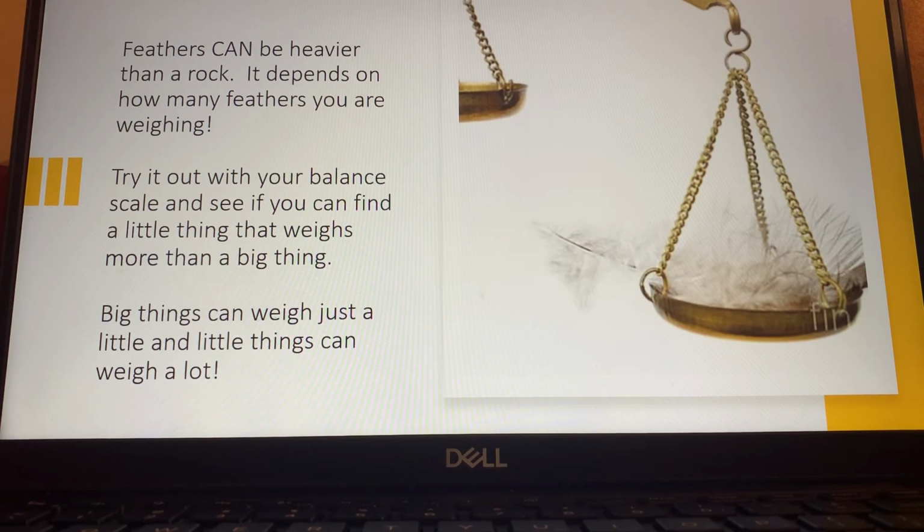You can use your scale to do some experiments and figure out different objects that are smaller that might be heavier than a bigger object. You just have to use your balance scale to figure that out. Because big things can weigh just a little and little things can weigh a lot.